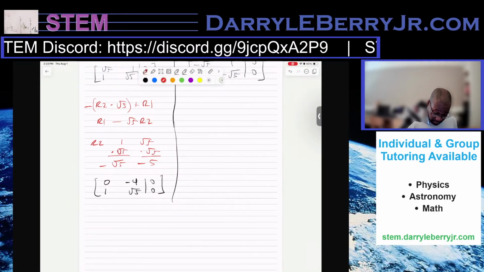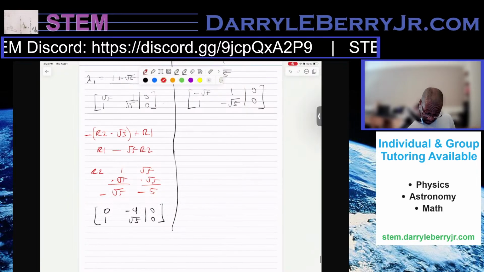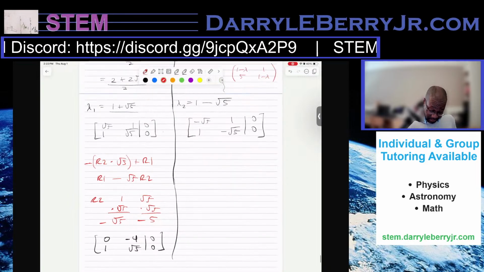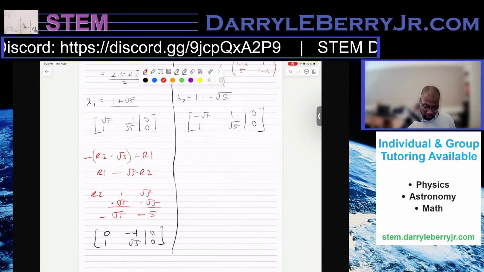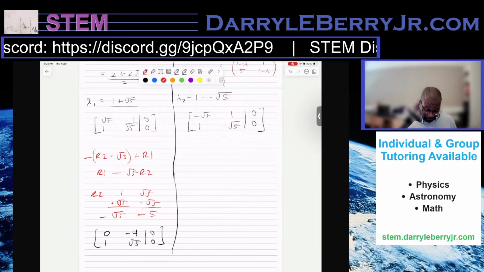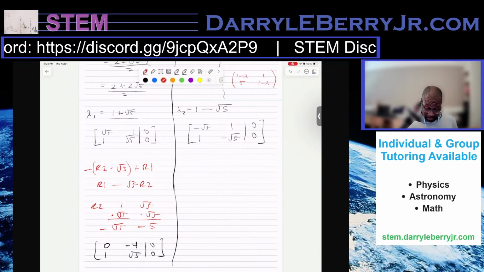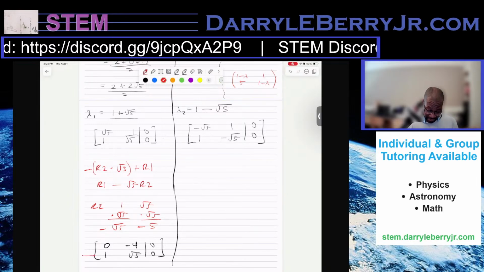So basically what I did was I wanted to simplify. In other words, you can row reduce in any direction. I know normally we reduce the top row. But what I did this time, I left the bottom row the same.